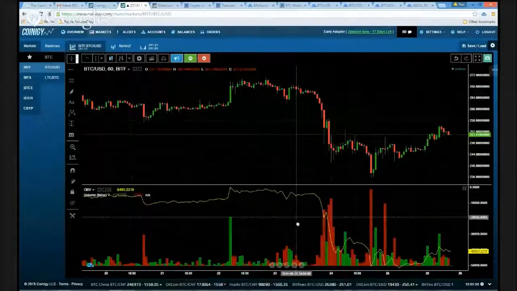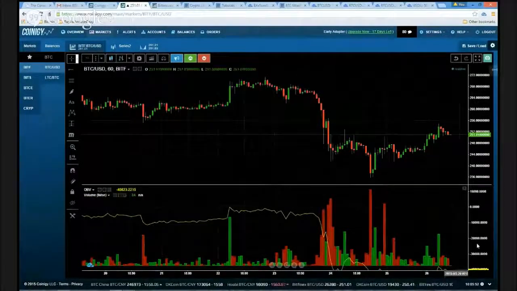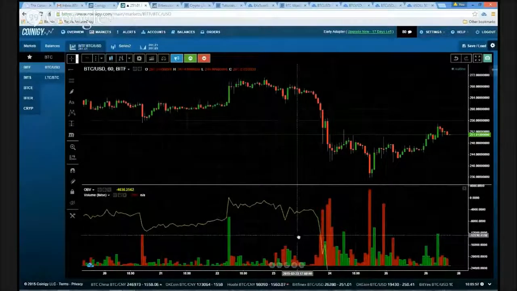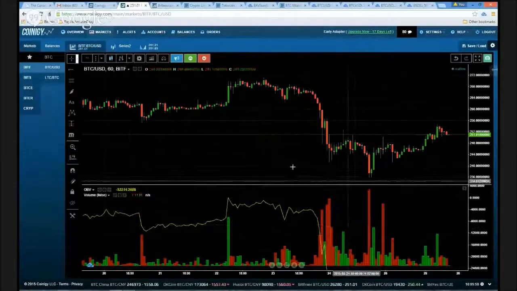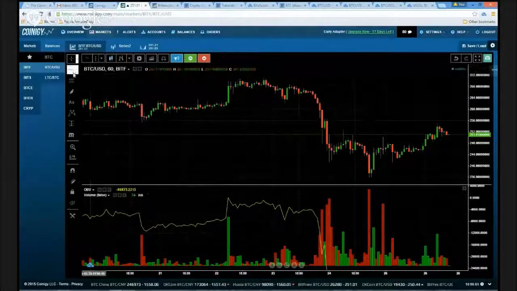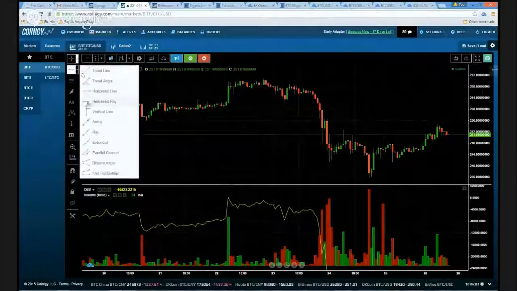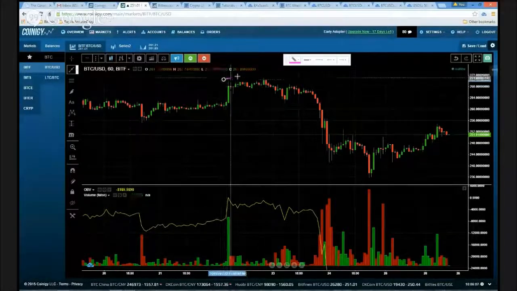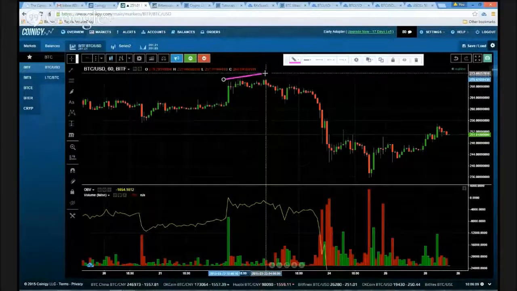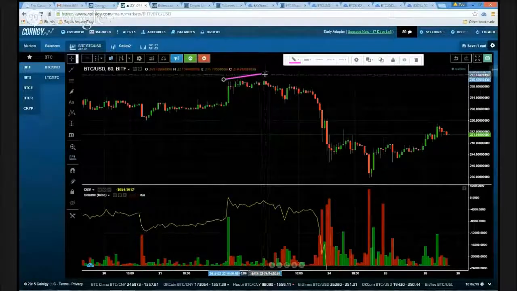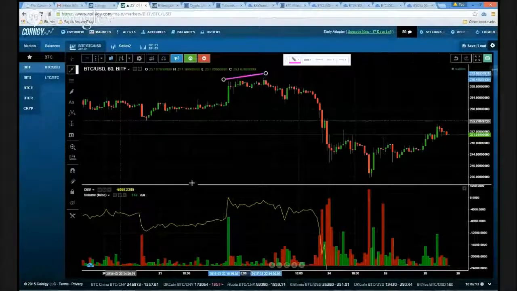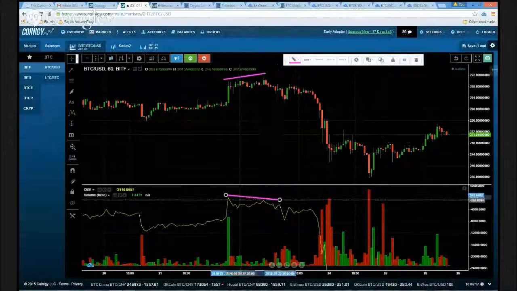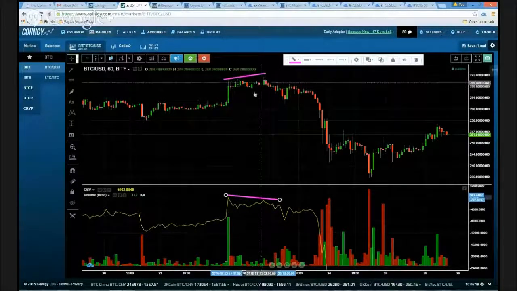If you can find a situation where your indicators are making different, well, actually, let's start the sentence off a little differently. If you see that price is moving to a higher high, but your indicators are not, this is what we call divergence.